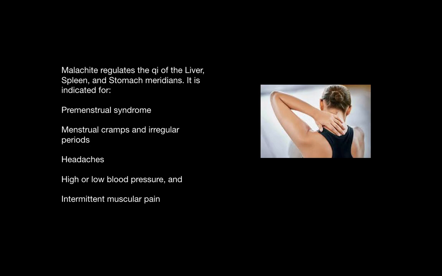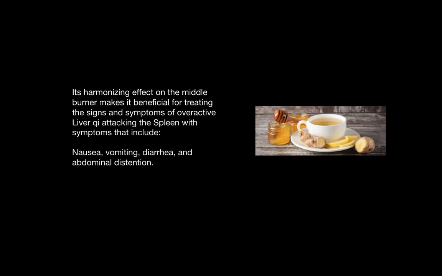Malachite regulates the chi of the liver, spleen, and stomach meridians, and it is indicated for premenstrual syndrome, menstrual cramps and irregular periods, headaches, high or low blood pressure, and intermittent muscular pain. Its harmonizing effect on the middle burner makes it beneficial for treating the signs and symptoms of overactive liver chi attacking the spleen, with symptoms that include nausea, vomiting, diarrhea, and abdominal distension.